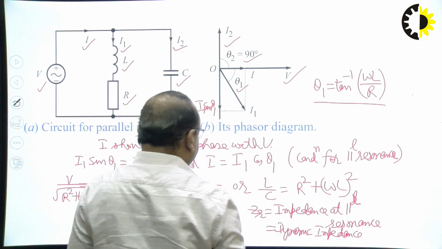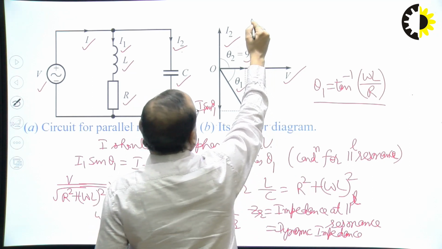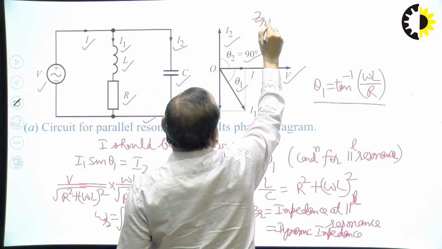And if we calculate it, this ZR will come out as L upon CR.